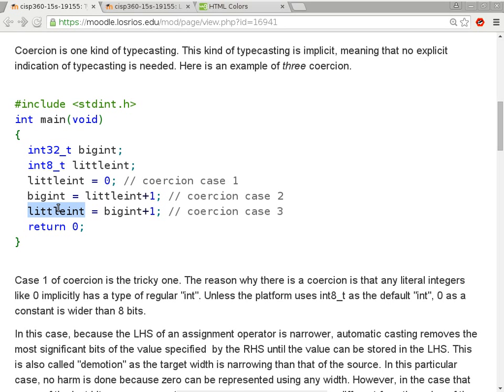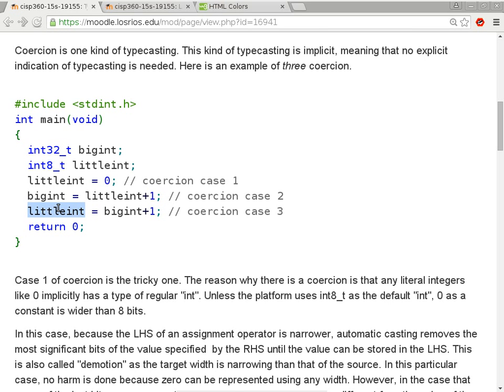But that means there's a potential problem here. Okay? Potential problem, which is not happening in this specific case because of the numbers that we chose to use. So what if the big int actually has a number that cannot be represented as an 8-bit number? You will lose the most significant part of it.